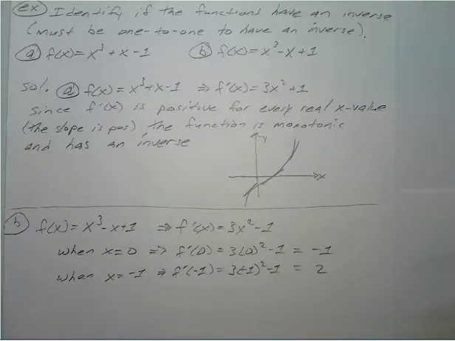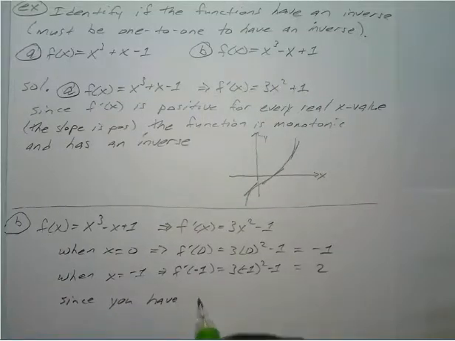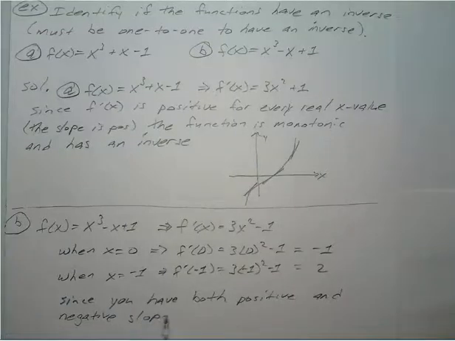So if that's the case, you can see it's not monotonic. Okay? So since you have both positive and negative slopes over the domain, the function is not monotonic.